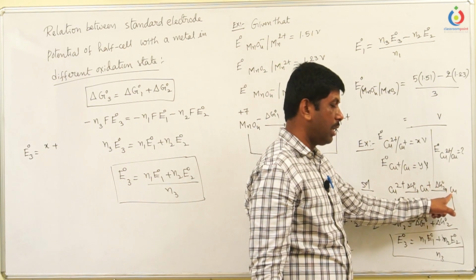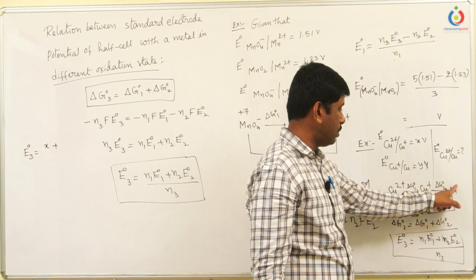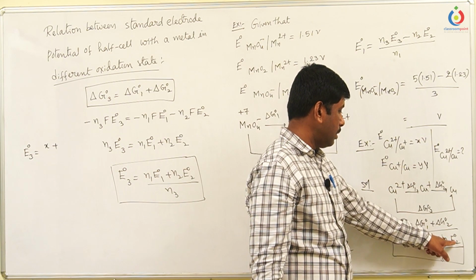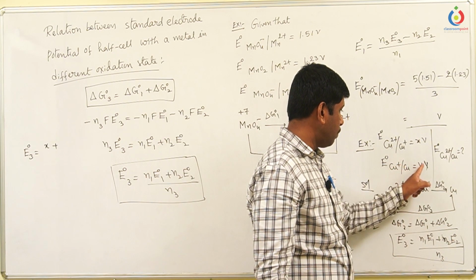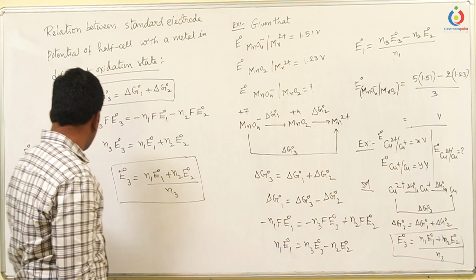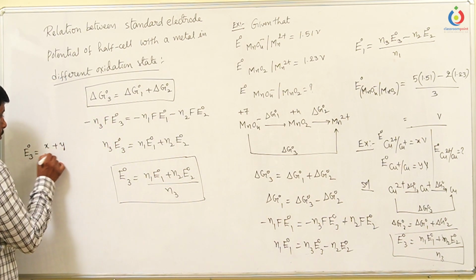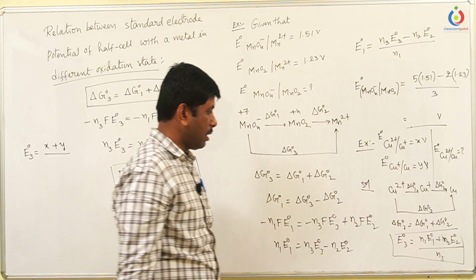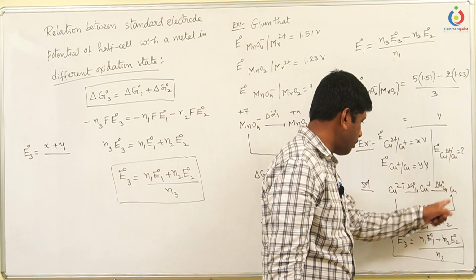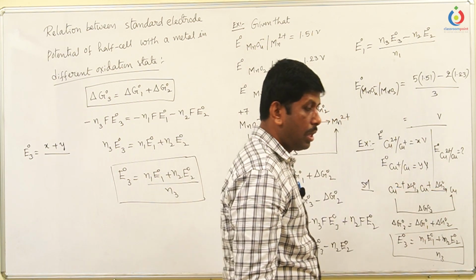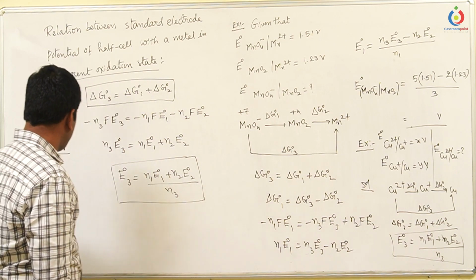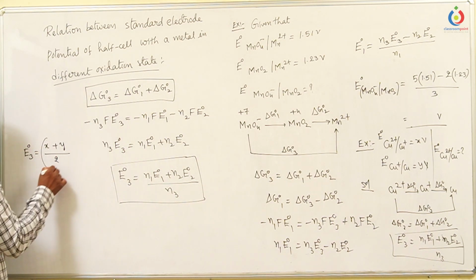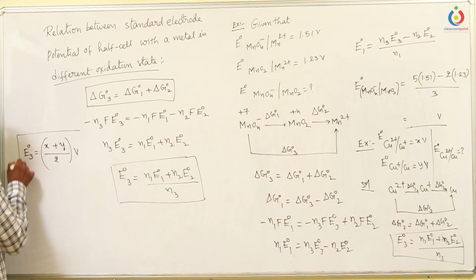Here also only one electron changes, +1 to 0. E02 value, Cu plus to Cu, is Y volts. This is divided by N3. N3 means the total number of electrons in this reaction, +2 to 0, so the difference is 2. So it is X plus Y by 2 volts.